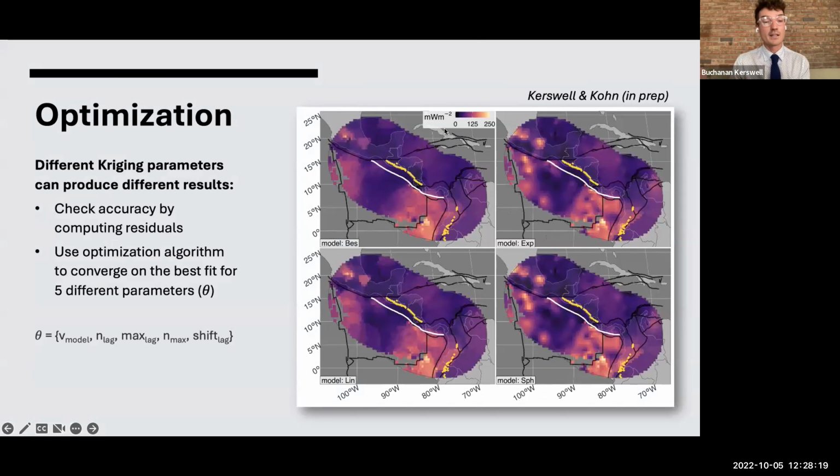For kriging, there is a procedure that is very sensitive to a bunch of kriging parameters. The kriging parameters include something called a variogram model that you have to fit to observations. There's 5 parameters that go into making this calculation, which are shown at the very bottom on the left here.